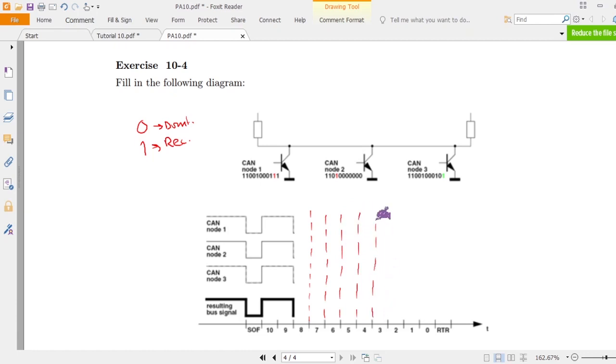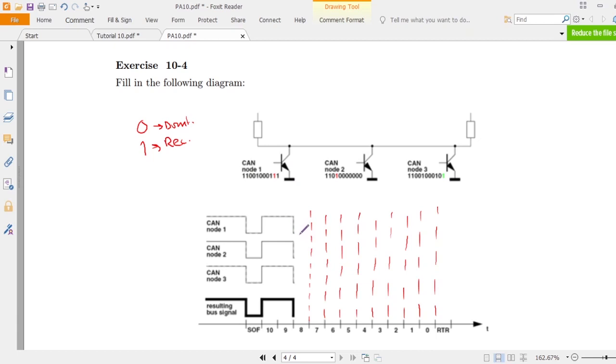Simply, here we just want one node to win the arbitration, and this node will go and be the transmission. Okay, cool.